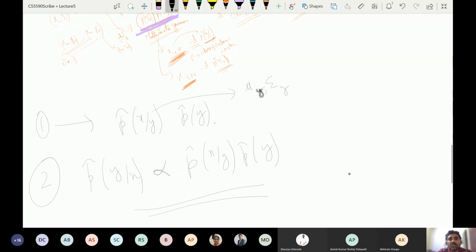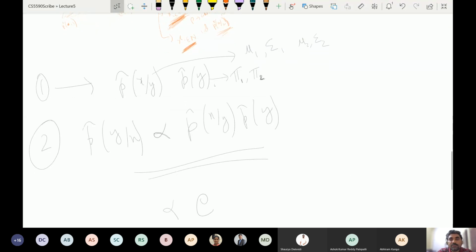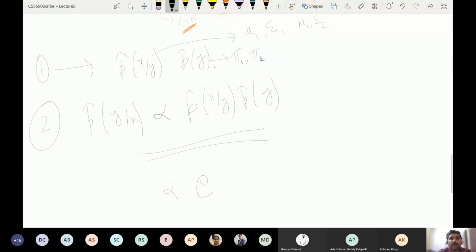And what are the values y takes? 1 and 2. And the parameters of the Bernoulli, there is only one parameter, pi. But let me call pi 1 the probability of the first class and pi 2 the probability of the second class. Similarly here there is mu1 sigma 1 and mu2 sigma 2. This is our notation, and all these are hats.